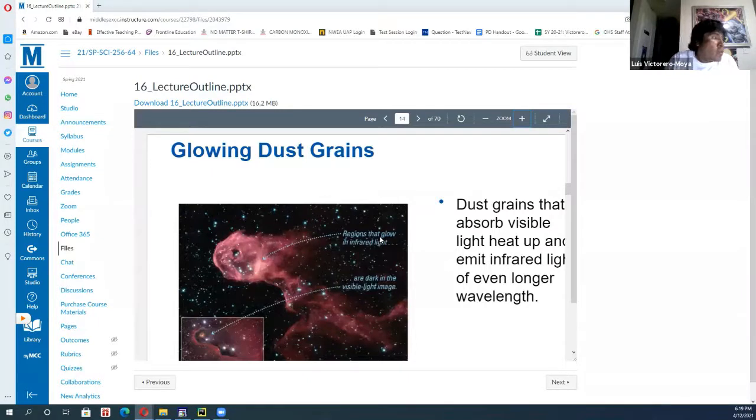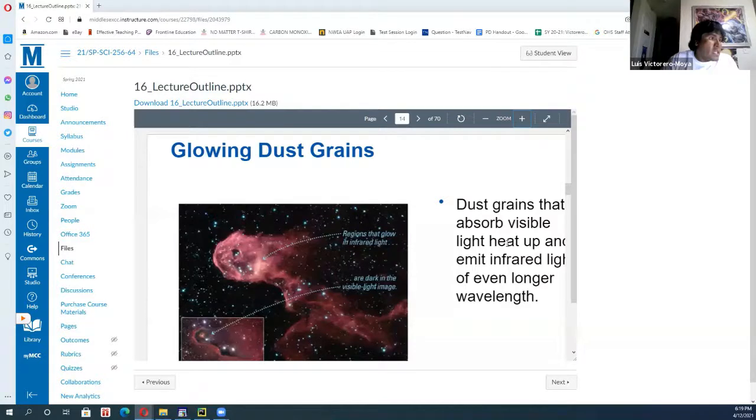Now, you can also have glowing dust grains. When you look at emission nebulas like here, you can see that the dust absorbs visible light and heats up, and then emits light in the infrared wavelength.